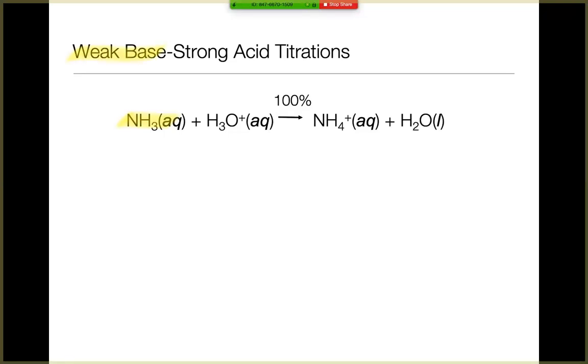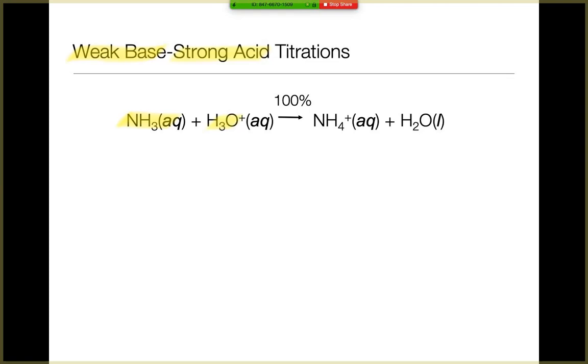Strong acids, right? I've already gone ahead and simplified this. So strong acids could be, and I've given you the list, either hydrochloric acid, nitric acid, sulfuric acid, perchloric acid, something like that. When added to water, they effectively 100% dissociate into hydronium. So for us, I'll keep it generic and use H3O+ as our strong acid to represent any of our strong acids.